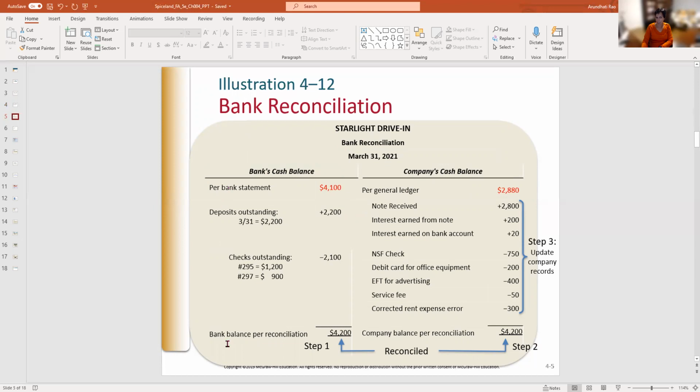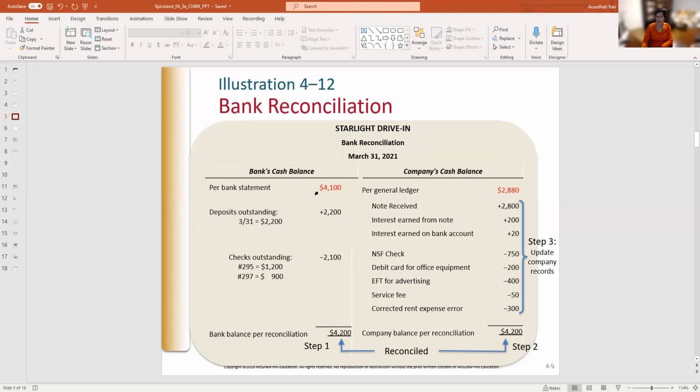You have two sides. It doesn't matter which one you put on which side. You have the bank's cash balance and the company's cash balance. You will have the description and then the amounts. The end result should be that you come up with the same number on both sides. It's called the adjusted balance or the true balance.